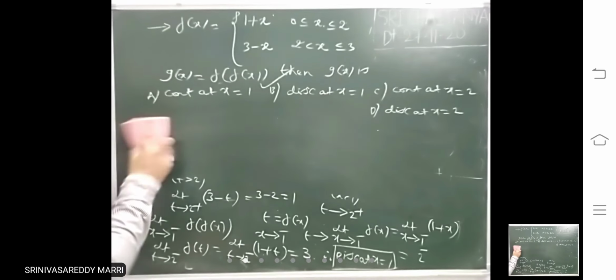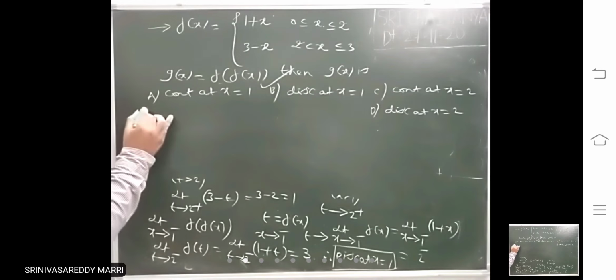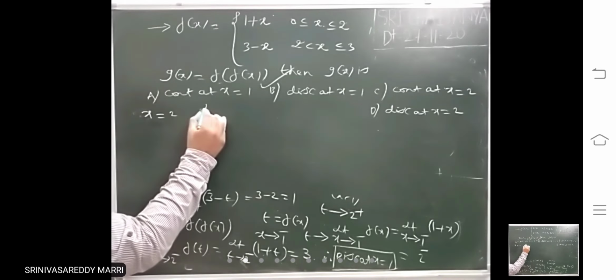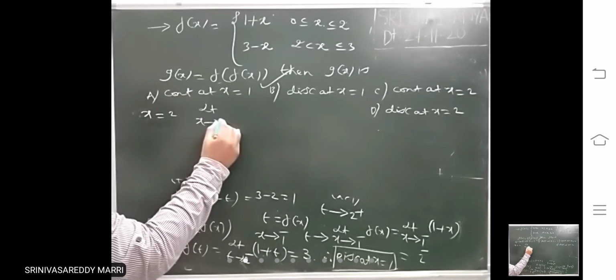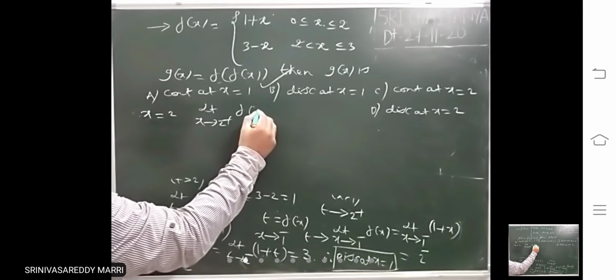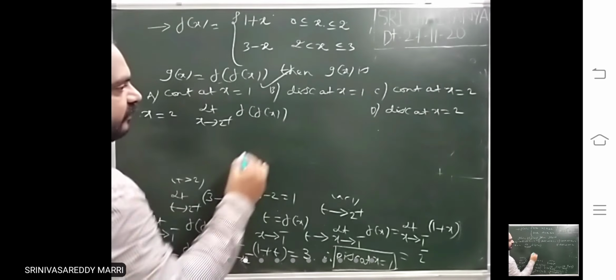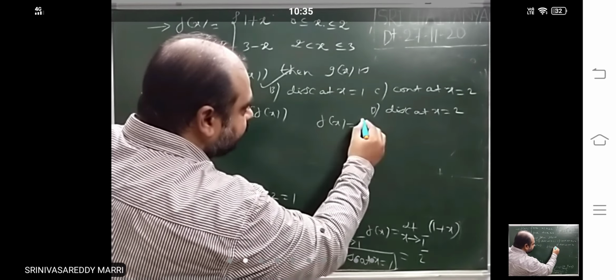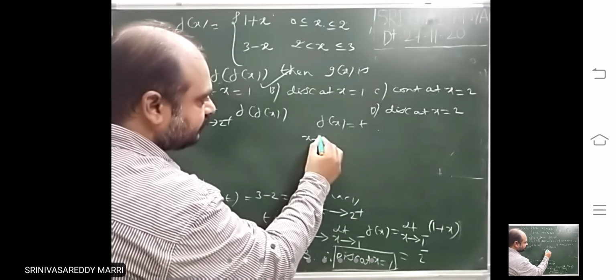Now again observe clearly how I am doing this for x equal to 2. The limit as x tends to 2 plus of f of x. Now I am taking f of x equal to t.